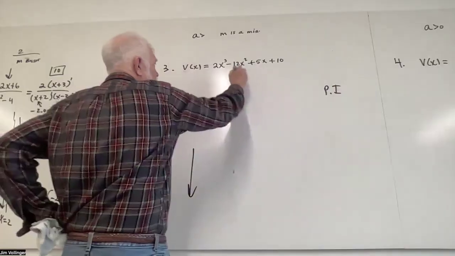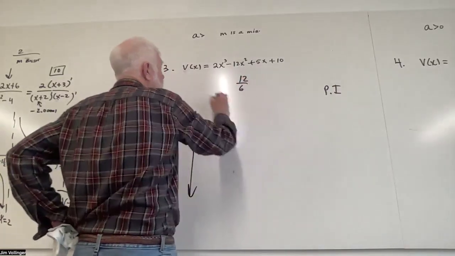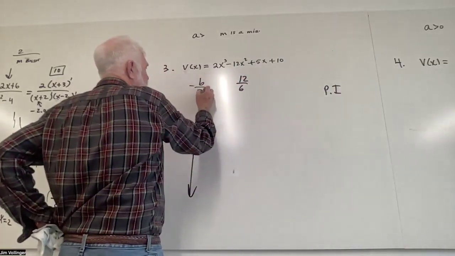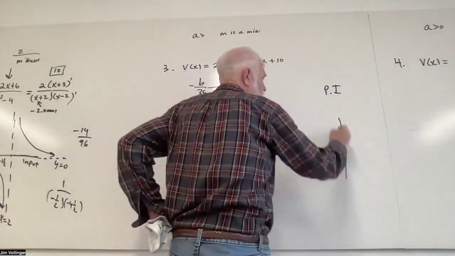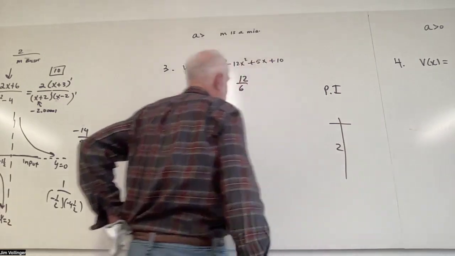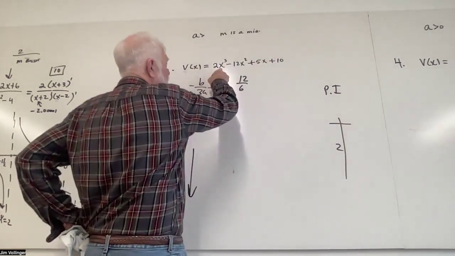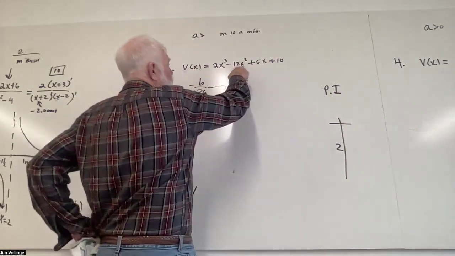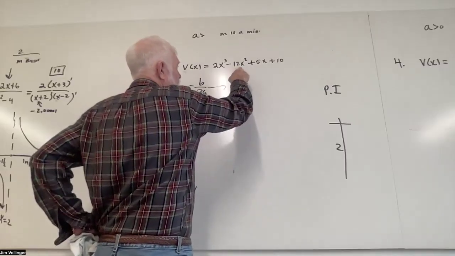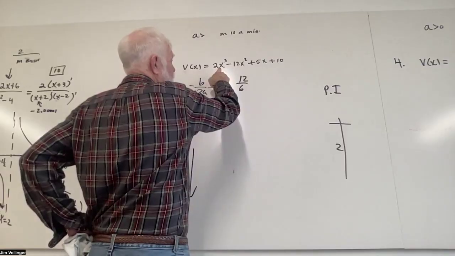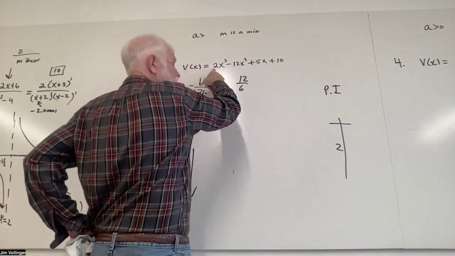So minus negative 12 is positive 12 over 6, minus b over 3a, the average of the roots, 2. So I now know that point of inflection happens at 2 what? Let's put 2 in and find out. So 2/3, when I put 2 in, I'm going to get 2/3 of this term. It's easier to plug it in here. 2 cubed is 8, 16. It's easier to get it there.